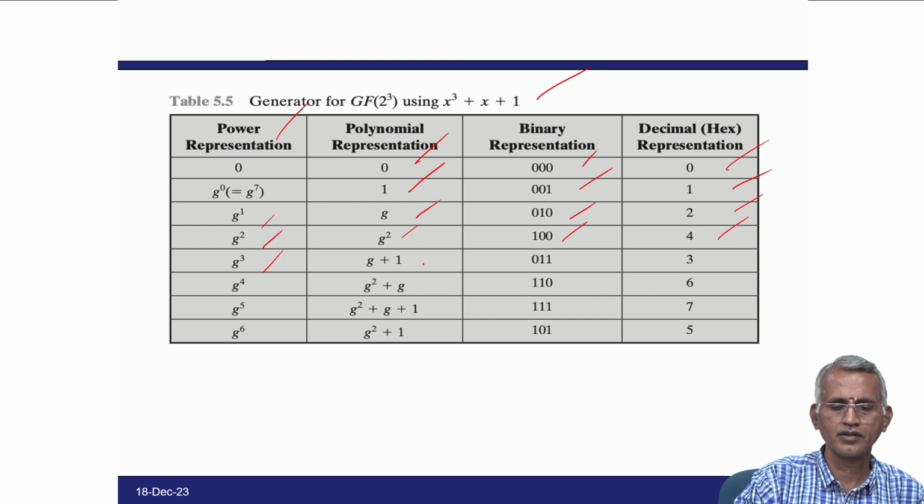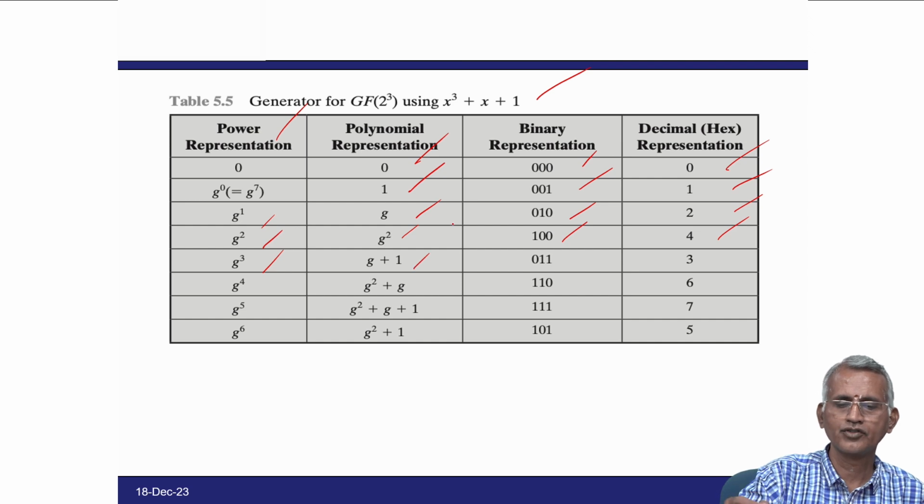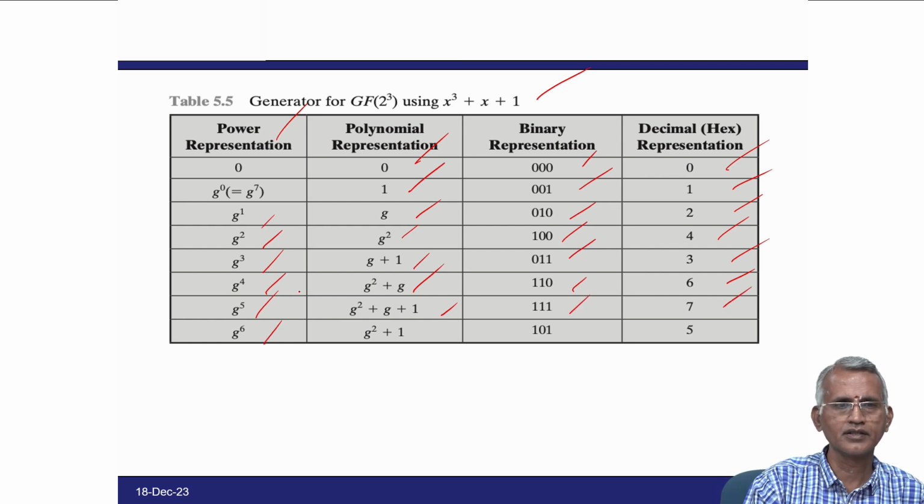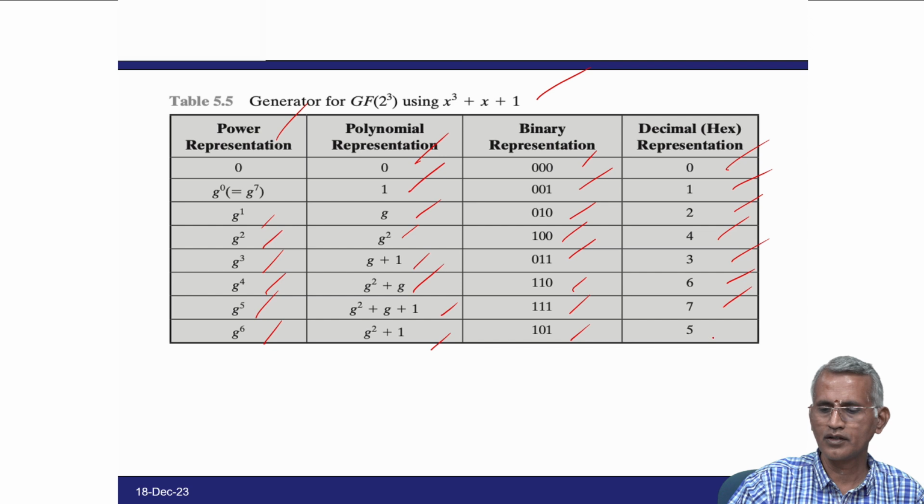And g cube is g plus 1, because of the x cube plus x plus 1 representation, that represents 0 1 1, and the corresponding decimal representation is 3. For g power 4, g square plus g is 1 1 0 and 6, and g power 5 is g square plus g plus 1, 1 1 1 and 7. g power 6 is g square plus 1, 1 0 1 and 5.